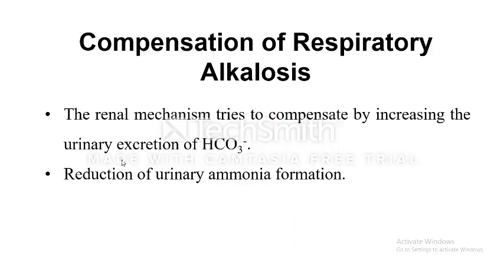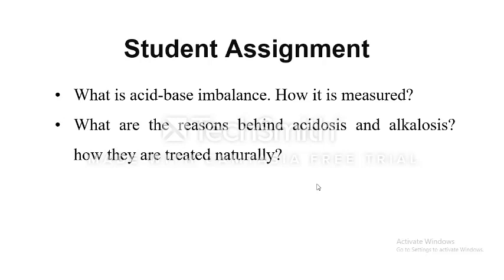Compensation of this respiratory alkalosis: the renal mechanism tries to compensate by increasing the urinary excretion of bicarbonate. That's simple. When these bicarbonates are removed, alkalosis can become normal, leads to normal range. Reduction of urinary ammonia formation can also lead to the compensation of respiratory alkalosis.